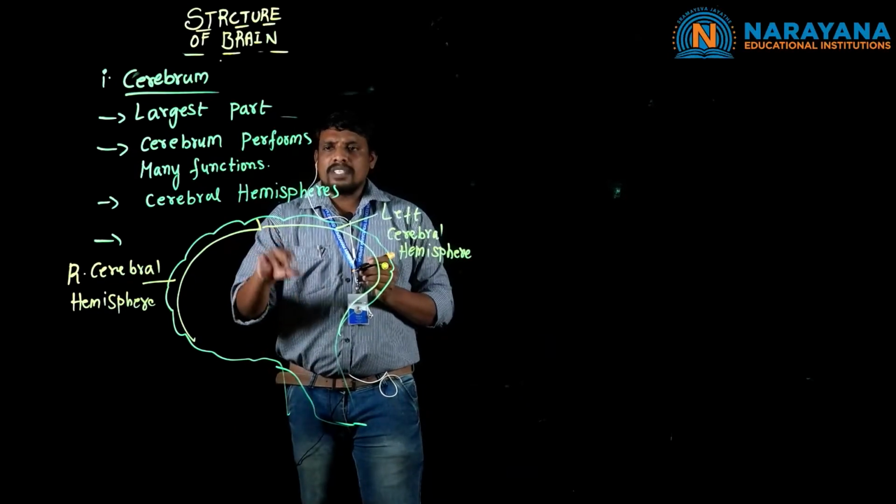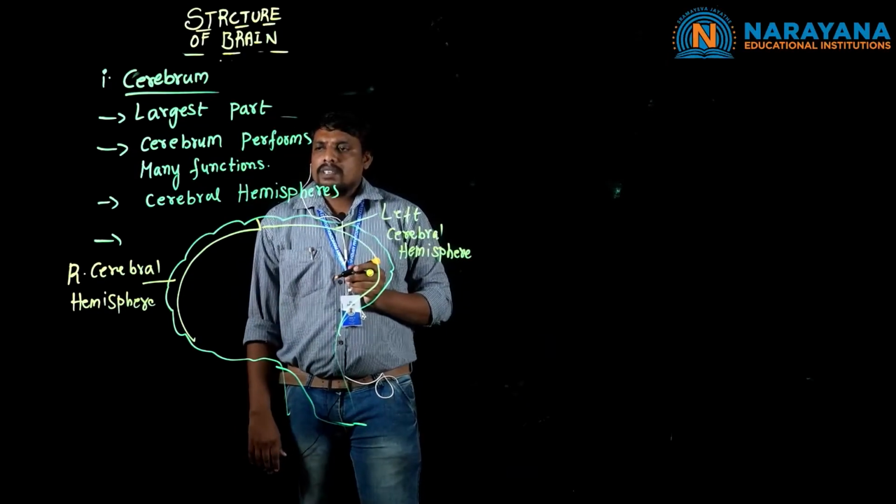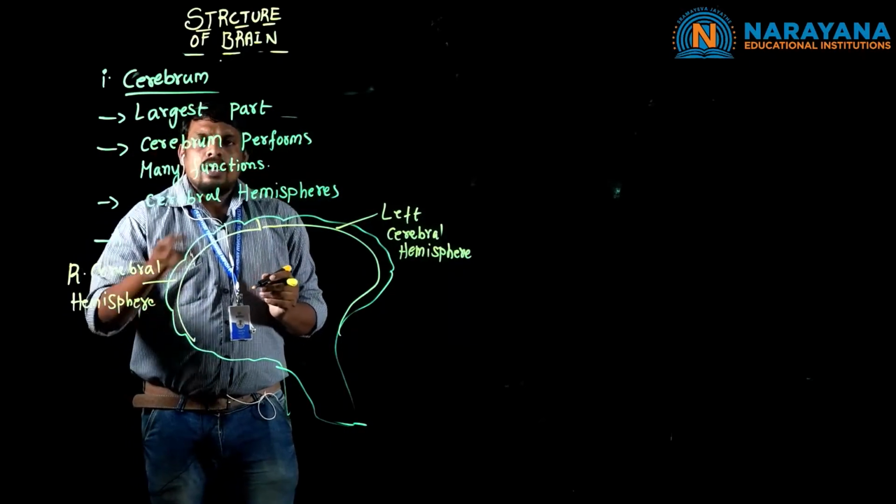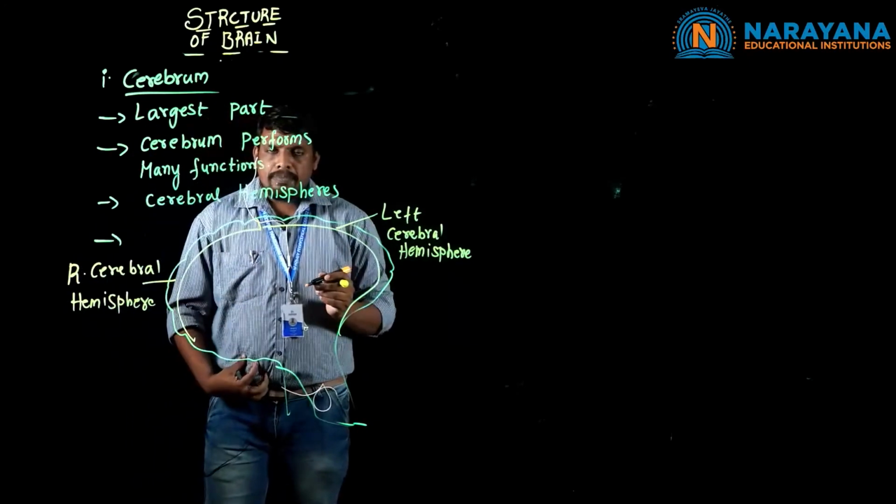What are the functions of these cerebral hemispheres? Right cerebral hemisphere controls left side parts of our body.